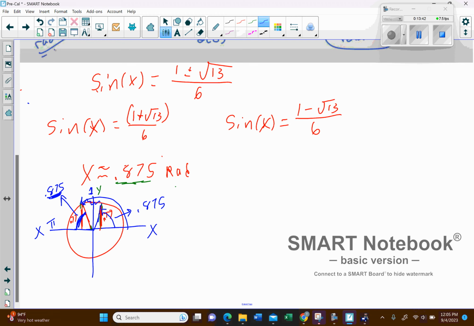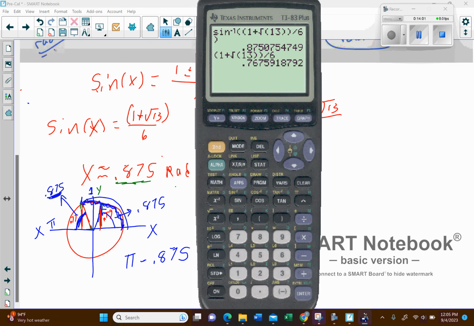From here to here, it's going all the way around to that second angle that I was indicating right here. So that's what I'm going to have to do to figure out my other angle: take pi, and subtract off 0.875. So let me go ahead and do that. Let's see, I take pi and then subtract off 0.875.